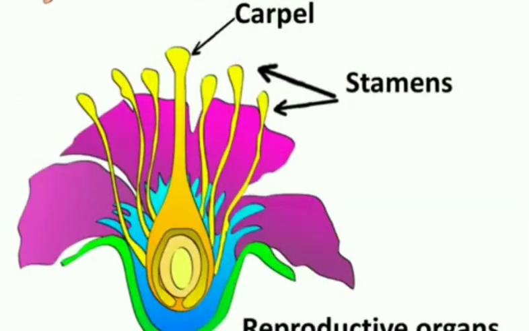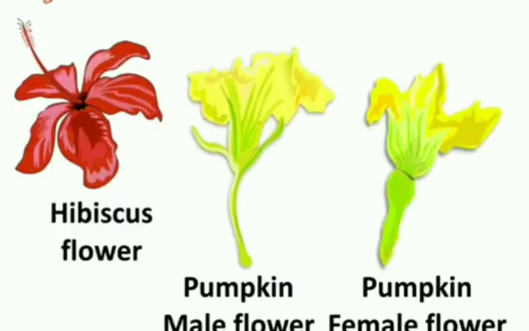So these parts are known as the female reproductive part, the gynoecium. When both male and female reproductive parts, means stamens and carpels, are located in a single flower, it is known as a bisexual flower. For example, in diagram number one, the flower of hibiscus, because both male and female reproductive parts are present in a single flower, is known as a bisexual flower.